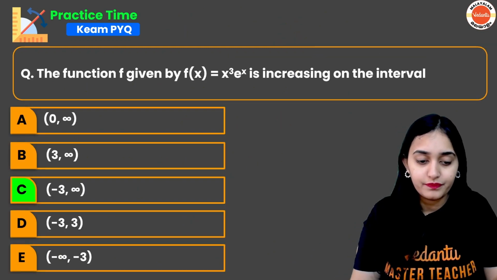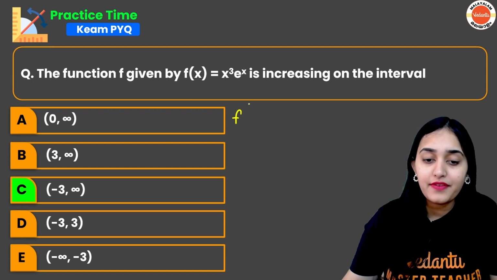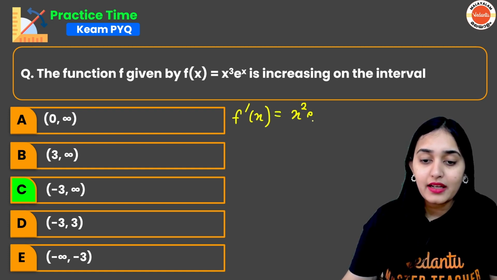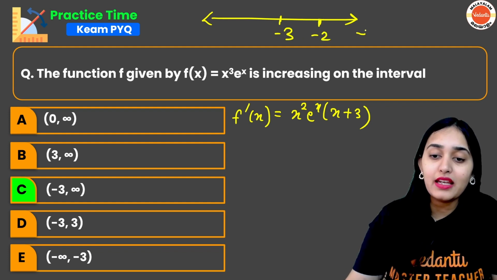I will show you. Suppose we have f dash of x as x square e to the power x, x plus 3. Okay, we want to check two values. One value which is greater than minus 3 and another value which is less than minus 3.